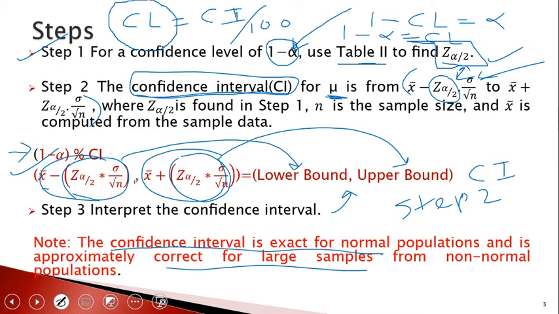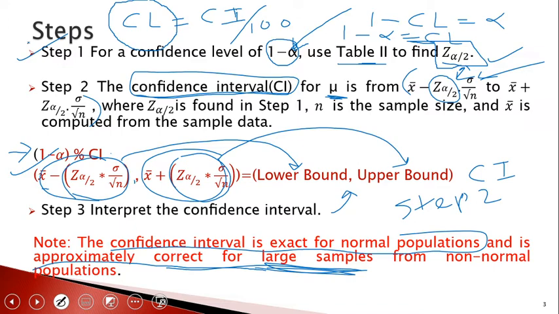The confidence interval is exact for a normal population, or if I have an approximately normal distribution, which means a large enough sample, then these results are true. So anyway, you have to stick with these first and second steps.